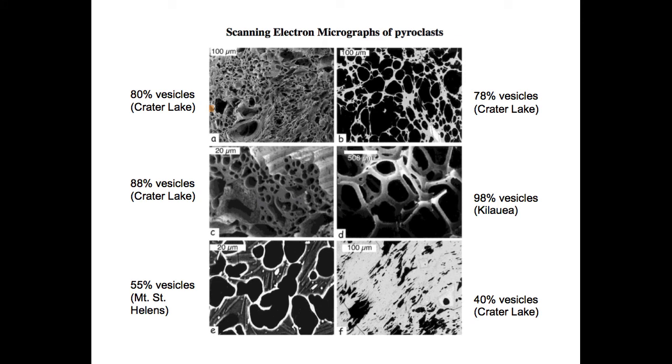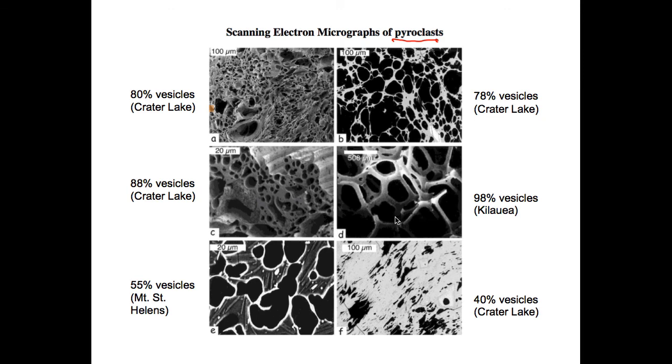So this is real. This is really what happens, and we can see that by looking at scanning electron micrographs of different kinds of pyroclasts. Remember, pyro is hot, and clast means fragmentary. So these are basically little pieces of volcanic rock that's been ejected into the atmosphere. And you can see the shapes of the bubbles. This is a very special kind of rock.